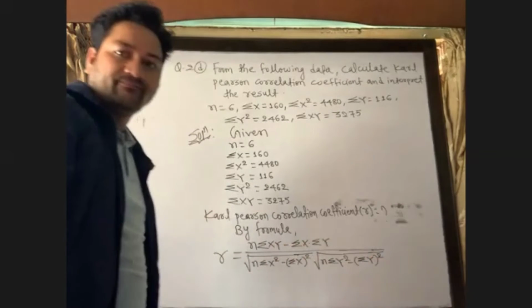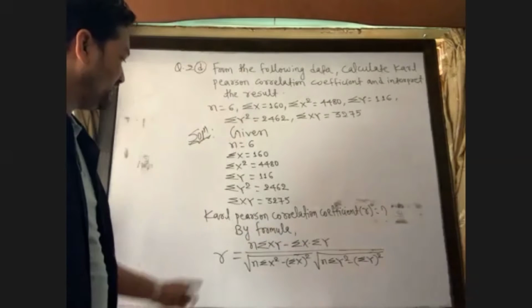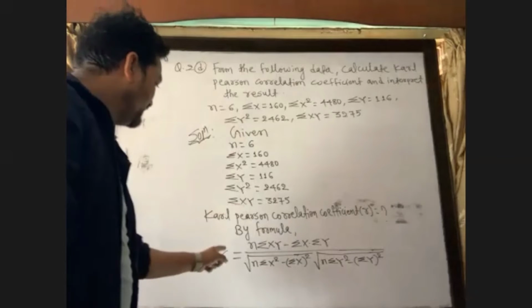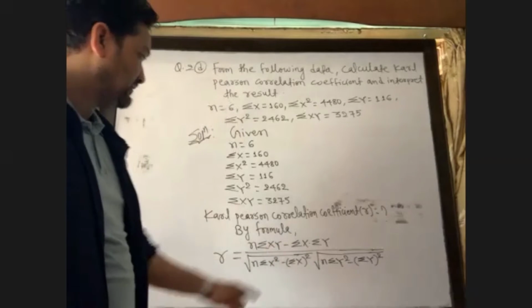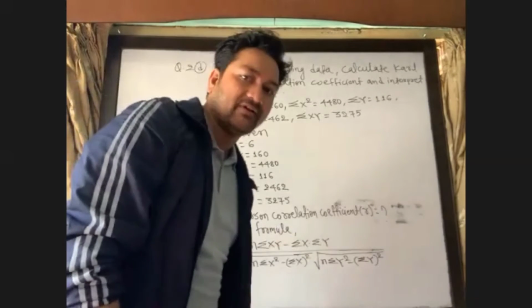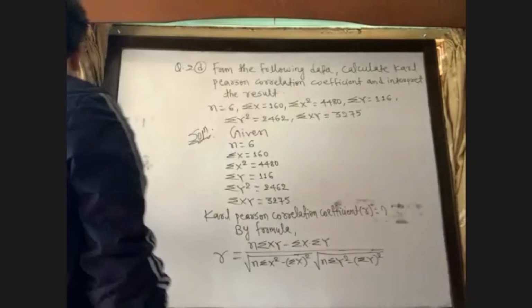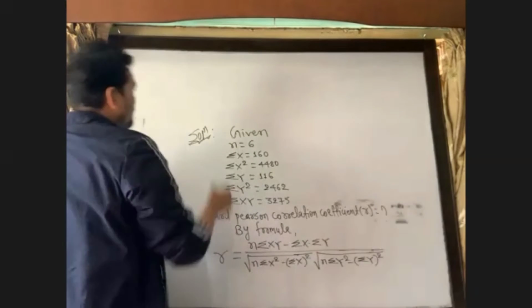This is the formula. r is equal to n summation xy minus summation x into summation y divided by square root of n summation x square minus summation x whole square, then another square root of n summation y square minus summation y whole square. Okay, if we know this, let's put the values.